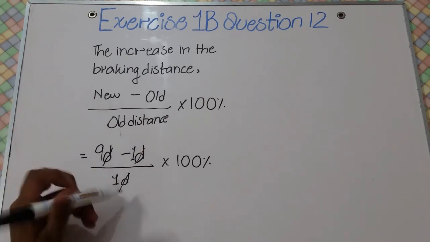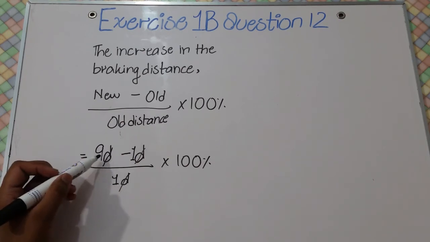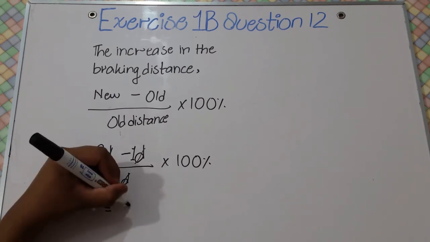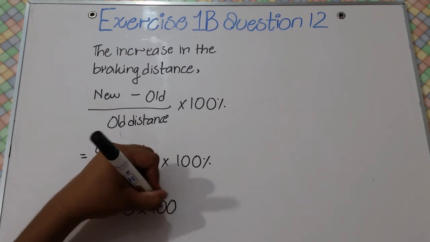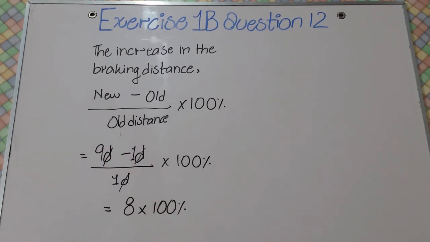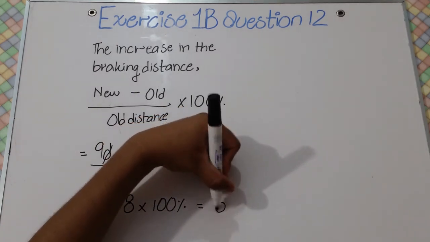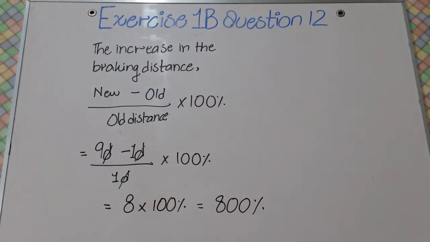Now we are left with 9 minus 1, so it is 8, and then 8 multiplied by the leftover thing, which is 100%. So if we multiply 8 with 100%, it would be 800 percent. So it was pretty simple.